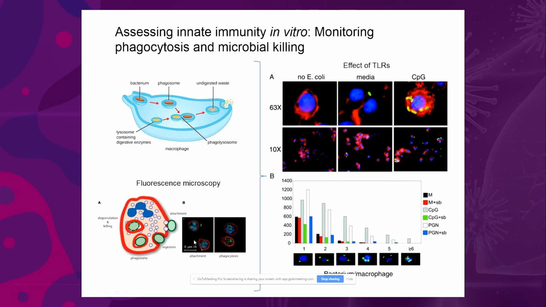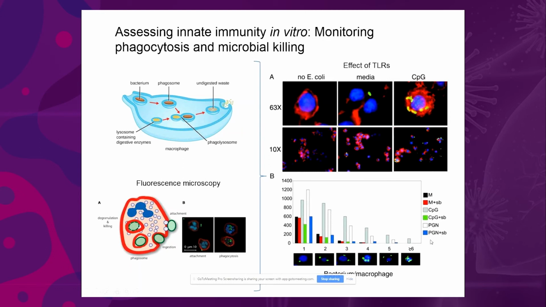So this is an example on the left of neutrophils, and this is an example with macrophages in culture, where we can add labeled bacteria in the media, and you can see that macrophages take up some labeled bacteria, but this is very much enhanced when these macrophages become activated by TLR activation. This shows CpG, the TLR9 ligand, and you can see also effects of peptidoglycan at the bottom.